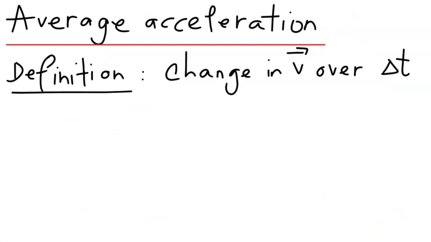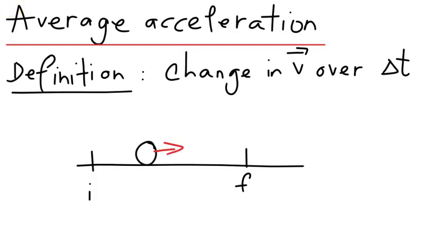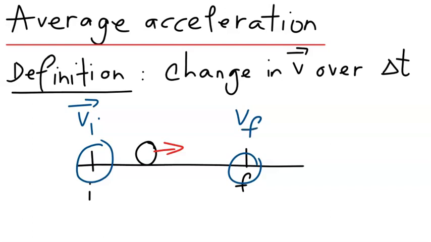Let's look at two different versions of acceleration. The first one is the average acceleration. The average acceleration measures the change in velocity over a time interval. So if you have an object moving to the right as shown, when the object was at the initial point, the velocity was v sub i, and when the object gets to the final point, the velocity is v sub f.